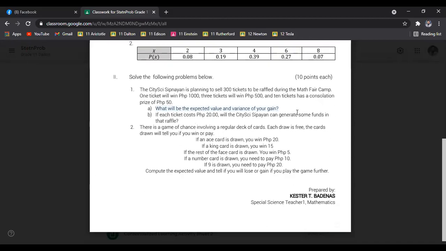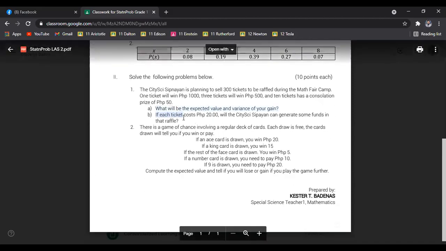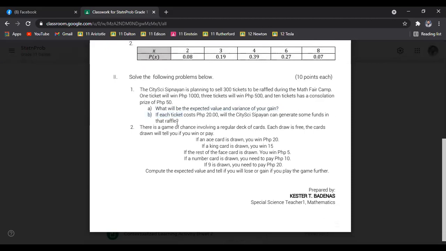Yun yung first question. Second question, yung sa letter B. If ticket costs 20 pesos, will the City Sisip 9 can generate some funds in that raffle? Justify your answer kung bakit. O judge nyo kung bakit kaya tutubo si City Sisip 9 kung 20 pesos kada ticket.